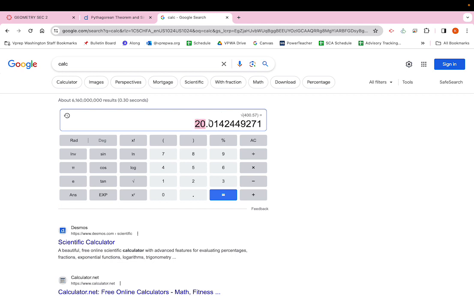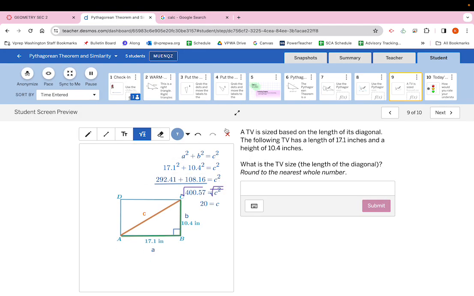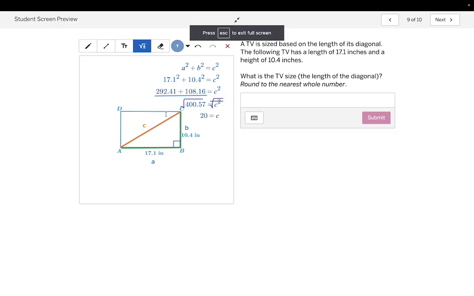You still want to look at the next number after what you're rounding to, so in this case, the first number after the decimal. If that number were 5 or more, it would round the 20 up to a 21. But it's not 5 or more, it's 0, so we don't need to round up. So it'd just be about 20 inches. So the way that this TV would be advertised is as a 20-inch TV.